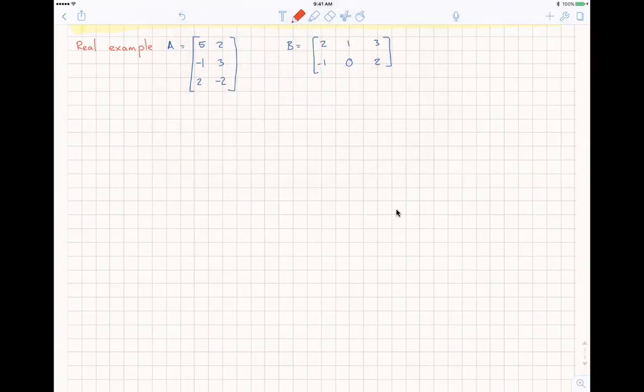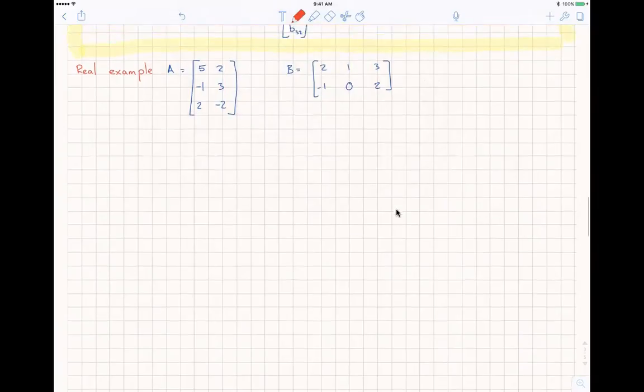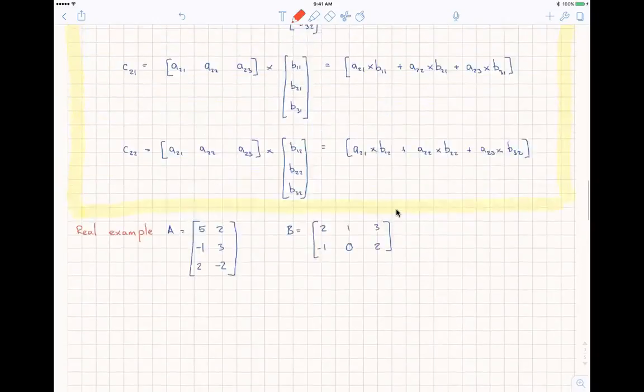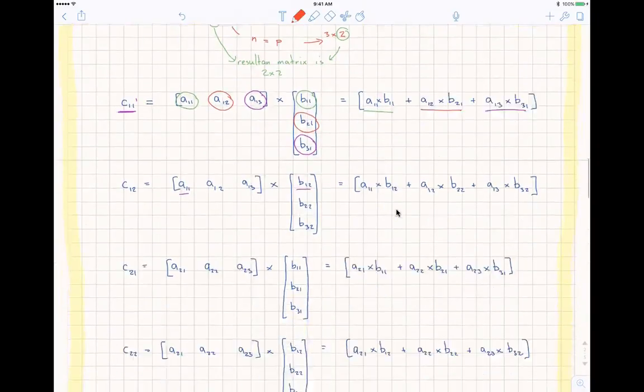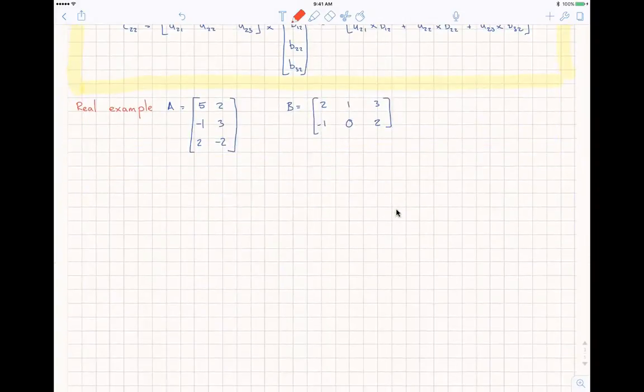Okay, so this is going to be slightly different because this time I'm going to multiply A times B. Now here, in this theoretical example, I was multiplying a 2 by 3 by a 3 by 2, and I got a 2 by 2 matrix. But here, we're multiplying a 3 by 2 times a 2 by 3.